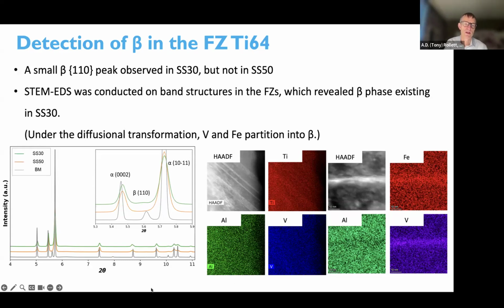In this particular pair of experiments, at the lower rate, we could detect beta after the solid state phase transformation, whereas in the experiment done at high rate, the beta was not detectable, and indeed we didn't see beta in the TEM afterwards. If you do make beta, you can generally find it pretty easily because of the strong microsegregation of vanadium into the beta. Let me keep going.